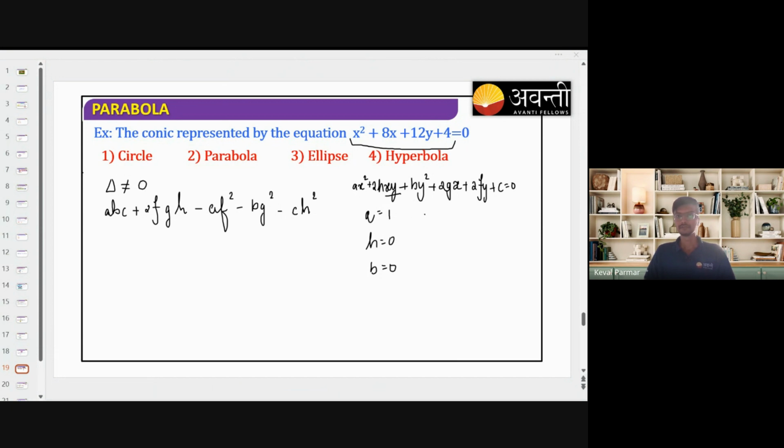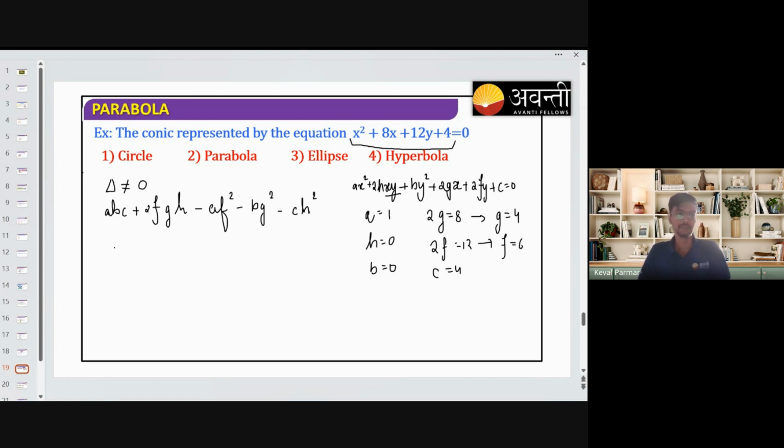After this, the x term. So 2G is 8, 2F is 12 and C is 4. Now if 2G is 8, that means G is 4 and F is 6.